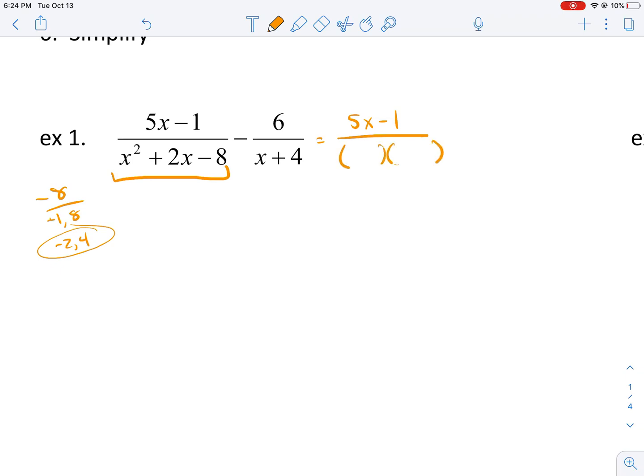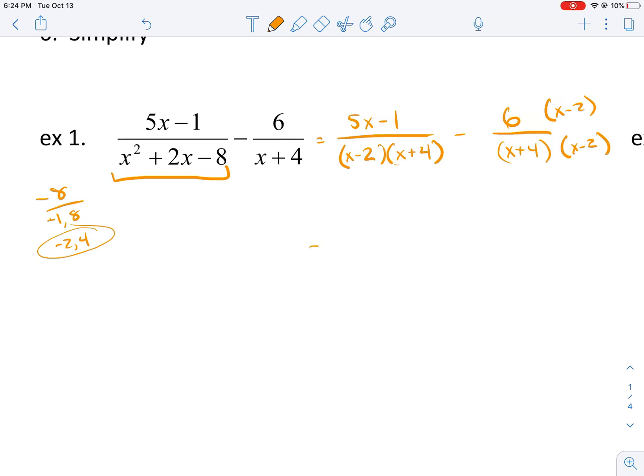So down below here, we're going to have x minus 2, x plus 4. Then minus 6 over x plus 4. And the reason why I factored that below is that now it makes it more obvious what I need to use for that common denominator. In this case, we're going to have to multiply both sides by x minus 2.